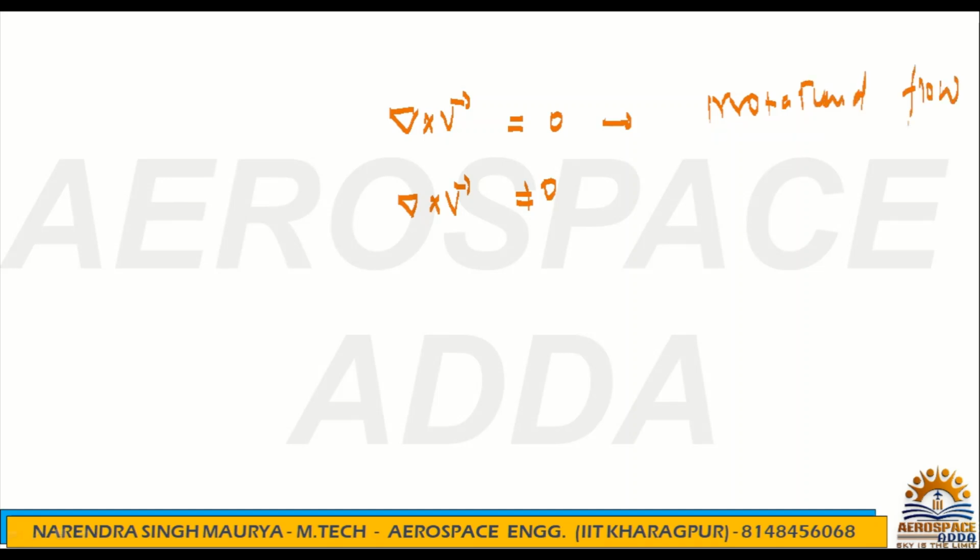Otherwise, it will be called rotational flow. This is very important; for 1 mark they can easily ask a question. In XE GATE many times they have asked. Always remember these few points.